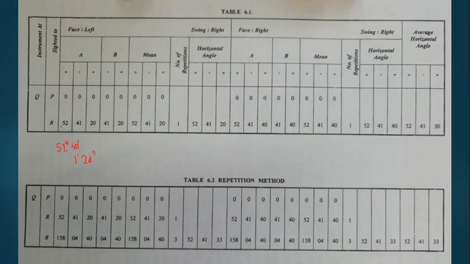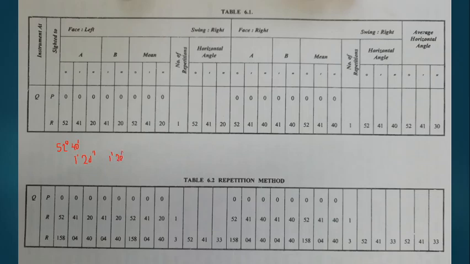So like this you can understand. Similarly, if you see on vernier B, the main scale reading will obviously be 52 degrees 40 minutes plus 180 degrees, so it may be around 232 degrees 40 minutes. And the vernier coincidence will again be 1 minute and 20 seconds only.